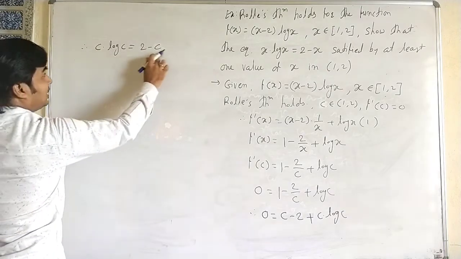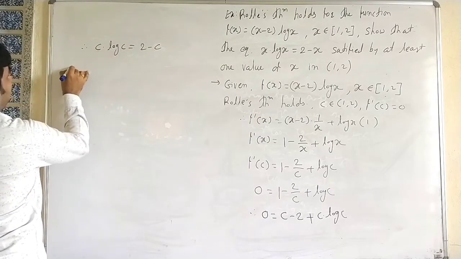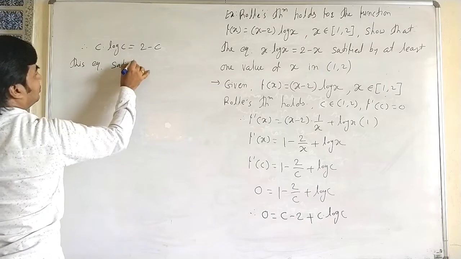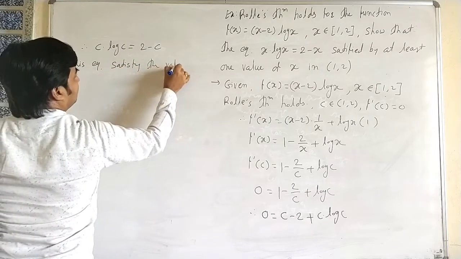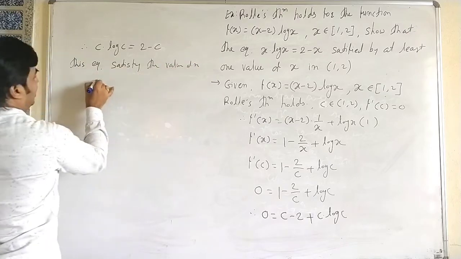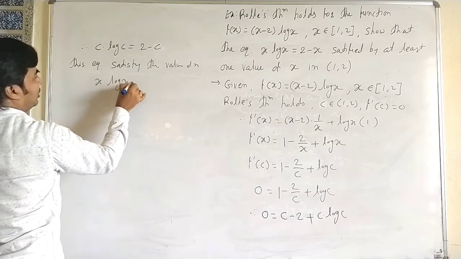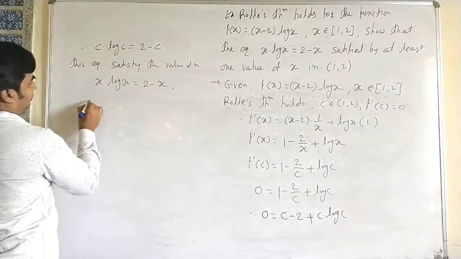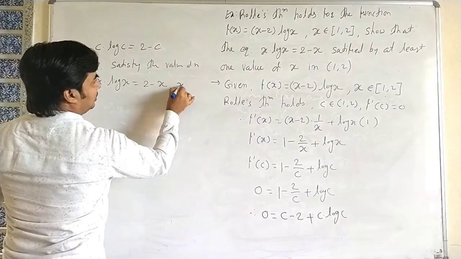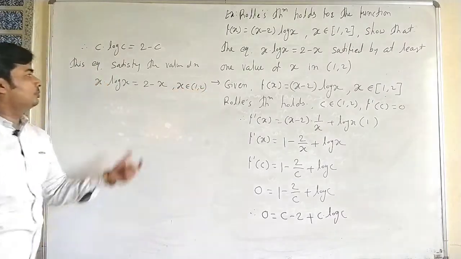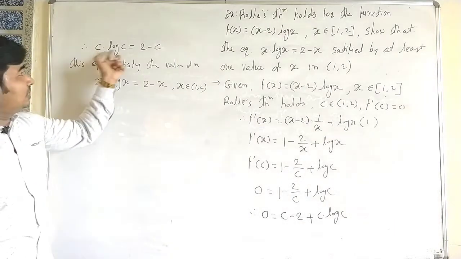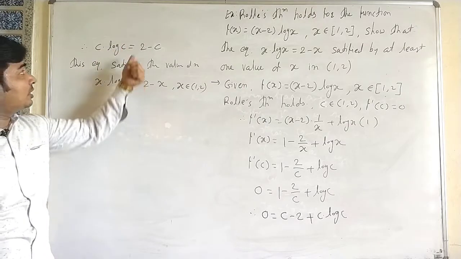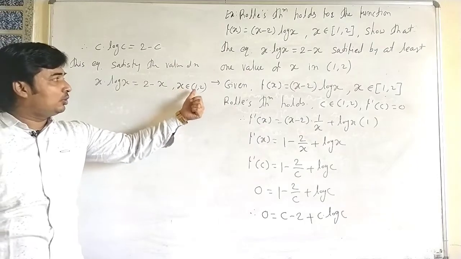Now this equation satisfies the value of x. Therefore x into log x is equal to 2 minus x, for x belongs to (1, 2). Here this relation put at x is equal to c, written, in general x log x is equal to 2 minus x for x belongs to (1, 2).